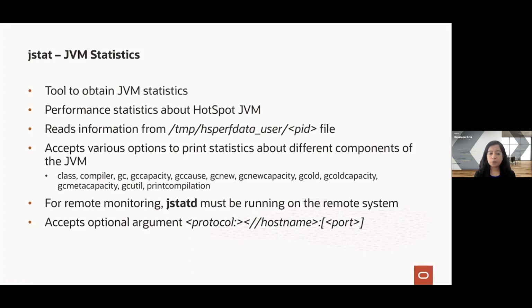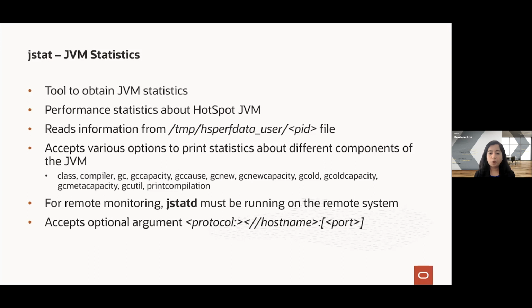It accepts various options to print statistics about different components of the JVM. For example, class or compiler would print class-specific or JIT compiler-specific statistics information about the JVM.